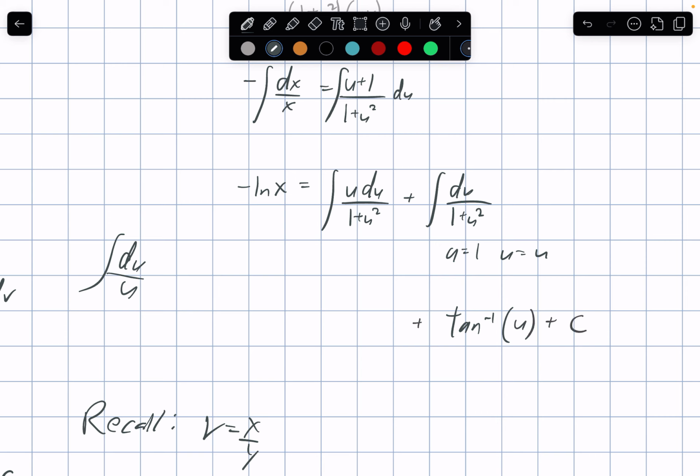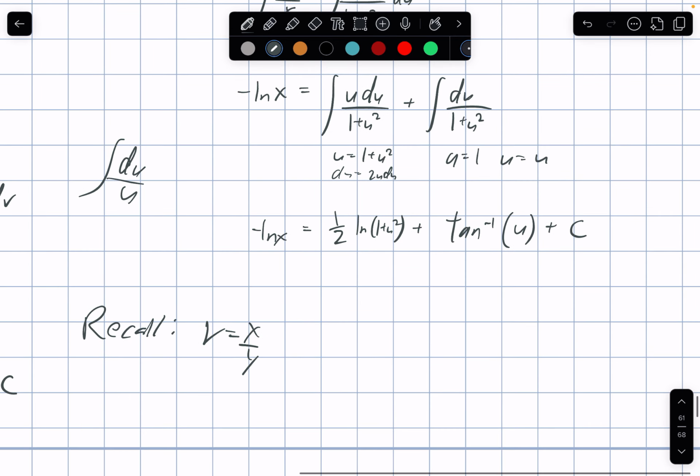Plus u is equal to 1 plus u squared, du is equal to 2u du, 1 over 2 ln 1 plus u squared equal to negative ln x.